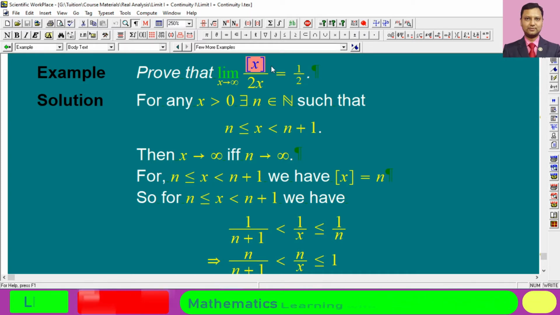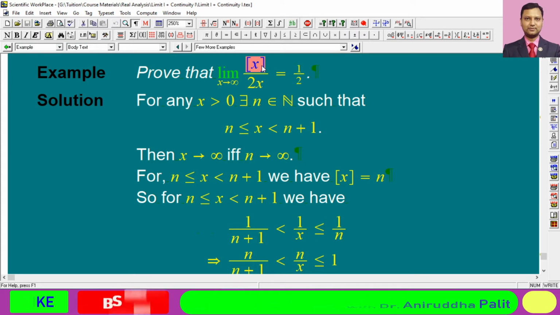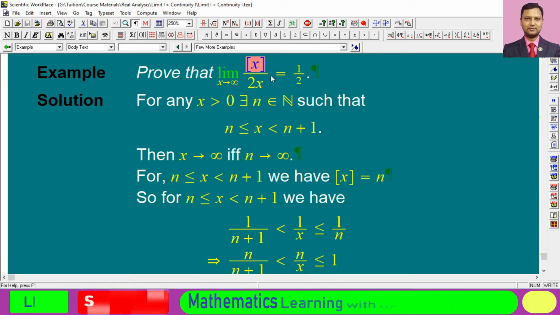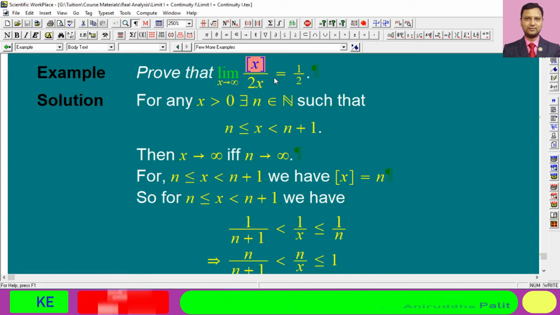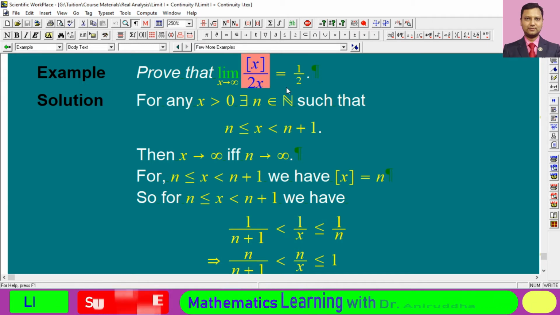So if x is equal to 2.5, then [x] is equal to 2. If x is equal to 3.1, then [x] is equal to 3. So [x] represents the integer portion, or the largest integer less than or equal to x.